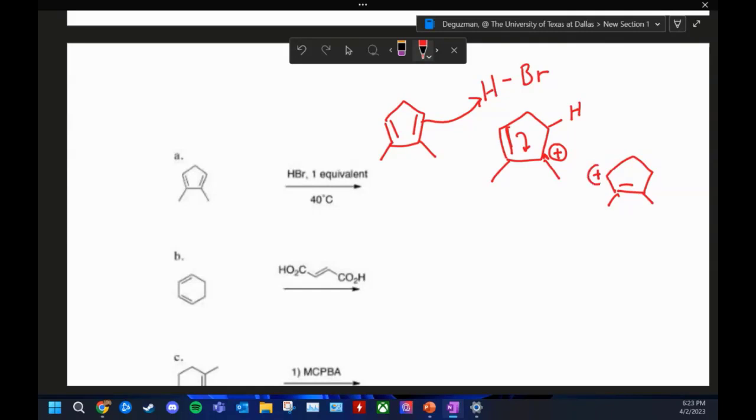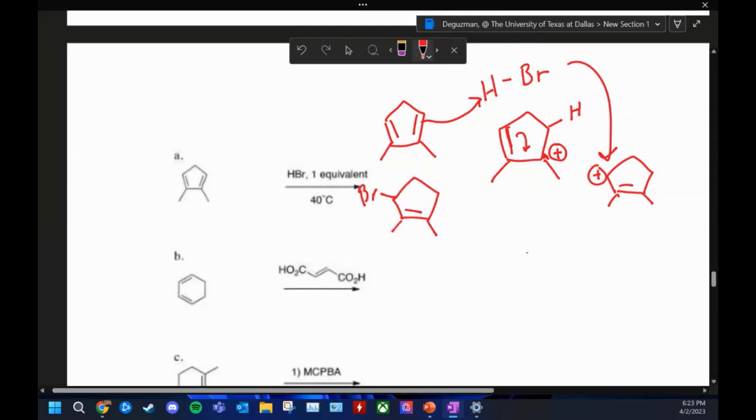And then your positive charge will be over here, and now you can add your Br over there. So your final product should be like that, for thermodynamic control.